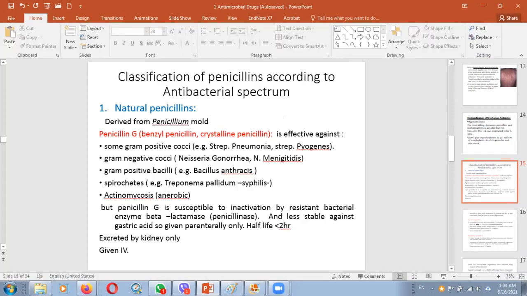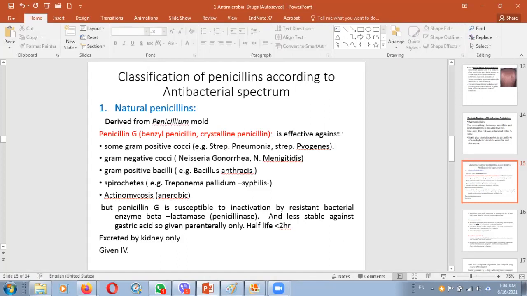And, first of all, natural penicillins اللي هي they were derived from penicillium mold. هو أول ما اكتشفها منه كان Alexander Fleming, who noticed that penicillium mold has an antibacterial effect, and thus these penicillins they were derived from this mold. من هذا الفطر هو they were called natural penicillins. مثال عليه البنسلين جي، وله اسمه بنزال penicillin أحيانا، أو أحيانا يسمى crystalline penicillin. They are all the same.